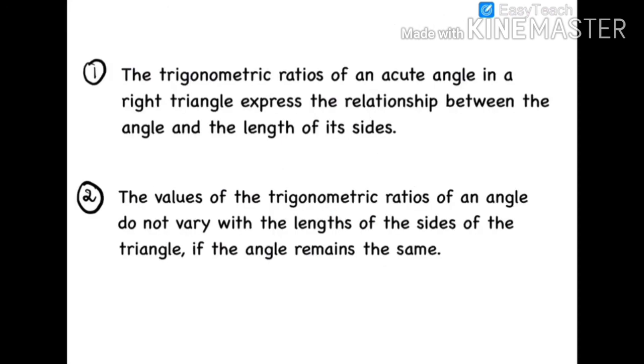So we can infer that trigonometric ratios of an acute angle in a right triangle express the relationship between the angle and the length of its sides, and these ratios will not change even if we change the length of the sides of the triangle, as long as the angle related to these ratios remains constant.